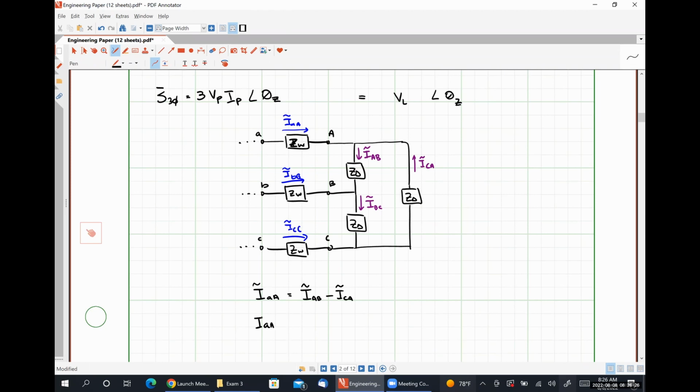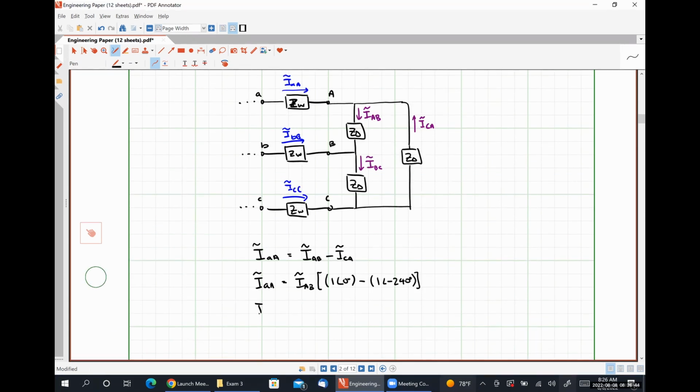From this, we can see that IAA is simply IAB times 1 angle 0 degrees minus 1 angle negative 240 degrees, or IAA is equal to IAB times √3 angle negative 30 degrees.